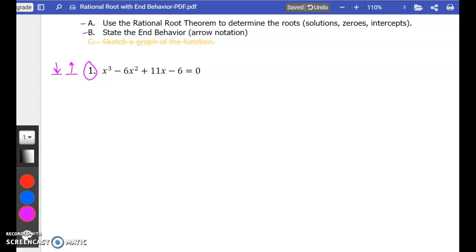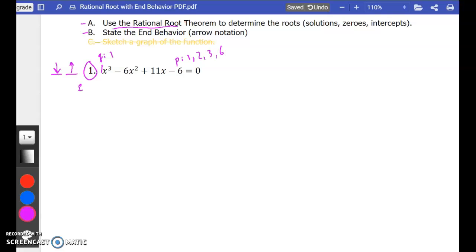And back to drawing. So now, using the rational root theorem means P over Q. So 1 is my Q, and the factors are 1 and 1. And then 6 is my P, and my factors of 6 are 1, 2, 3, and 6.